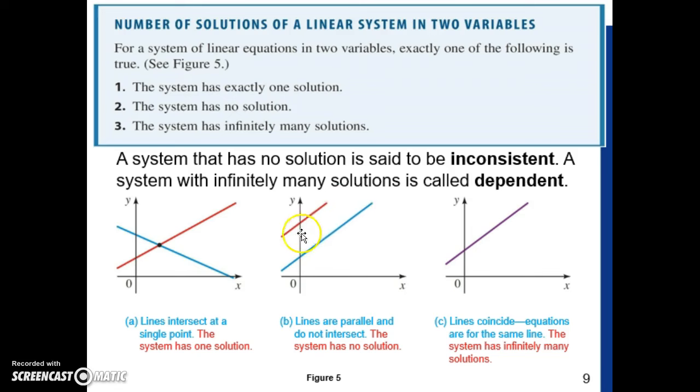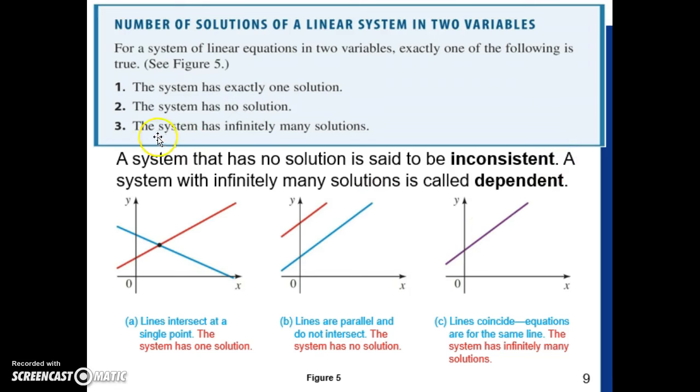But there is the case where I may be dealing with two parallel lines and I don't get a solution at all. Those two equations never meet. They never have a point in common, so there would never be a solution to that system of equations. The technical word for that is that you have an inconsistent system.